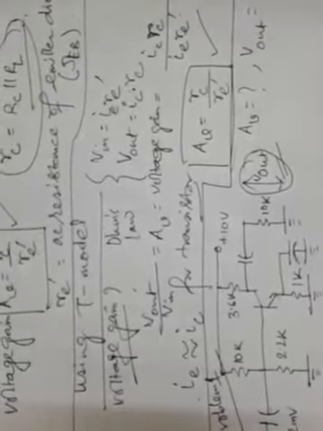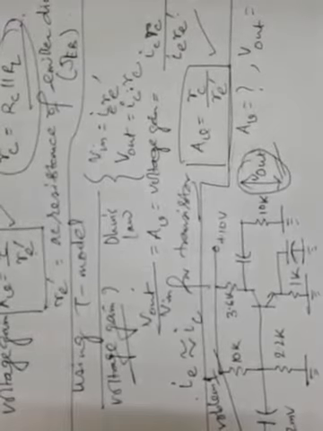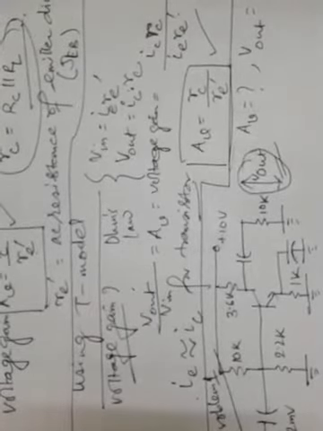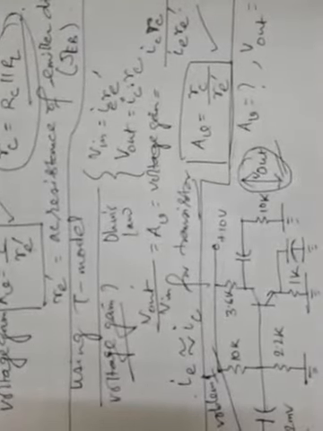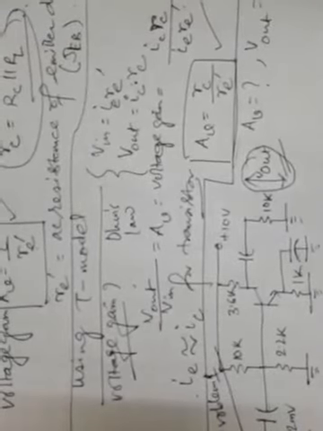So now let us first see how we should approach solving this. You need to follow different steps to solve this problem. Let us first find the value of IE.